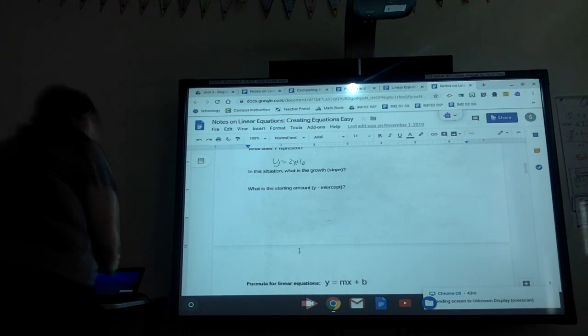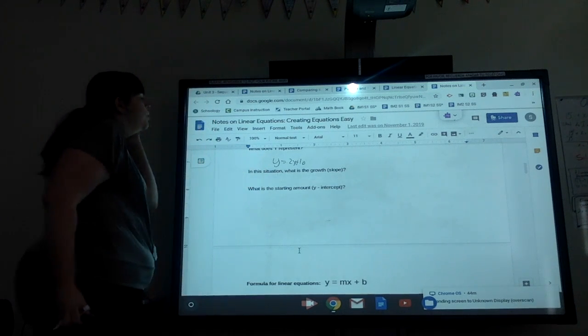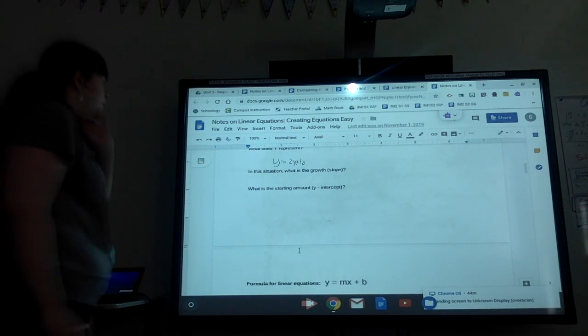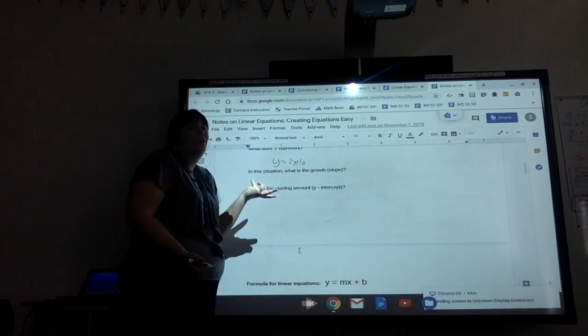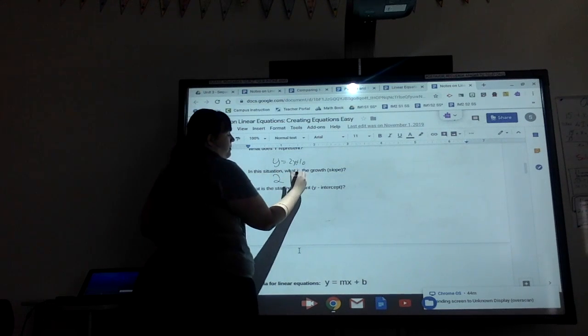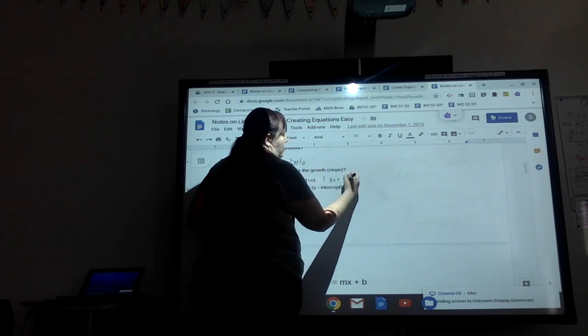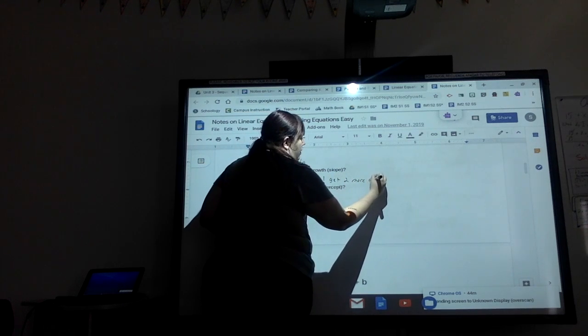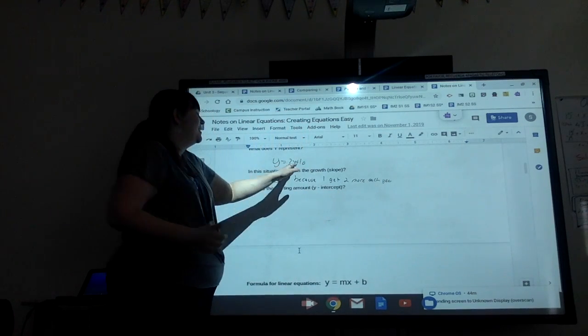So this y equals 2x plus 10 was my equation. And the question is, so what was the growth? What was my slope? Remember, the 2 was each time I was getting 2 more cars every year. So my slope in this situation is 2 because I get 2 more each year. And remember, each year is x, that's my time.